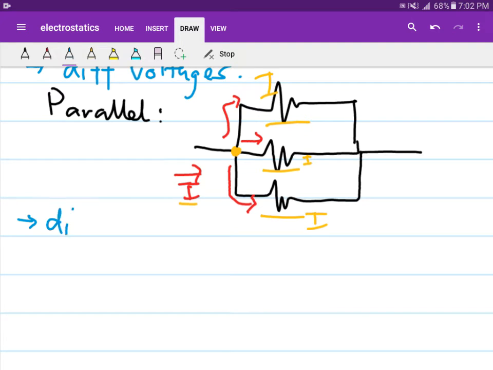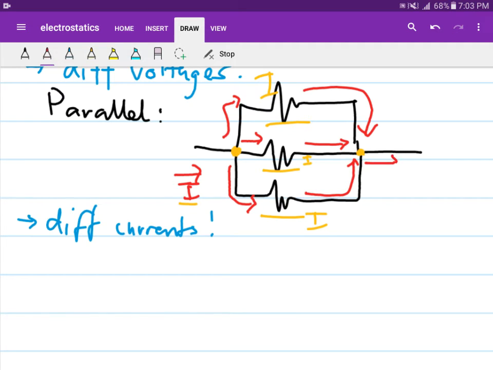But once the currents converge back at this end, it must go back to its original value when it entered. But the currents inside these three resistors are different. So that's the property of currents in parallel connected resistors.